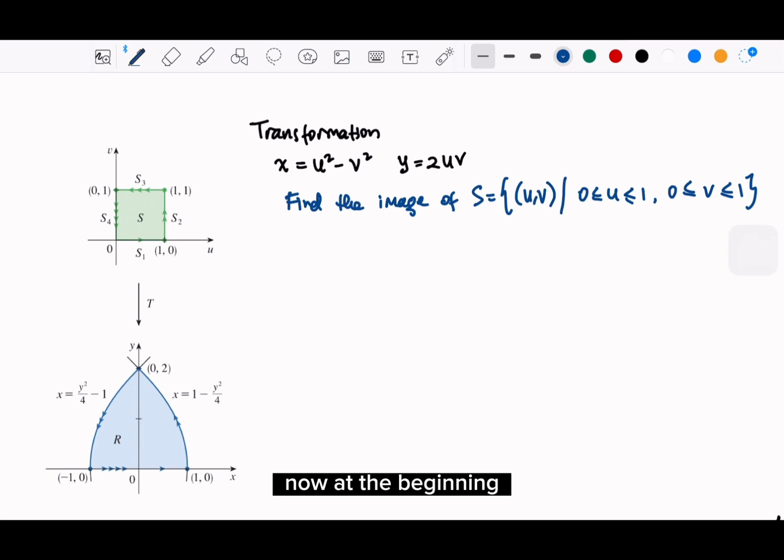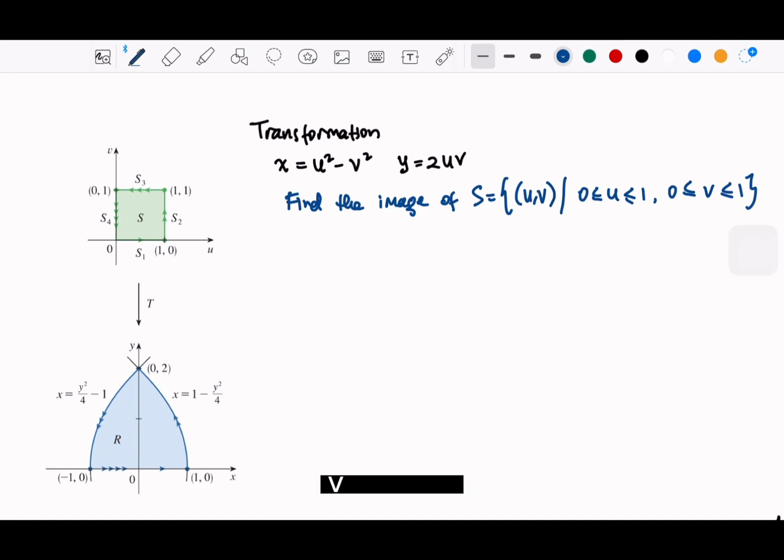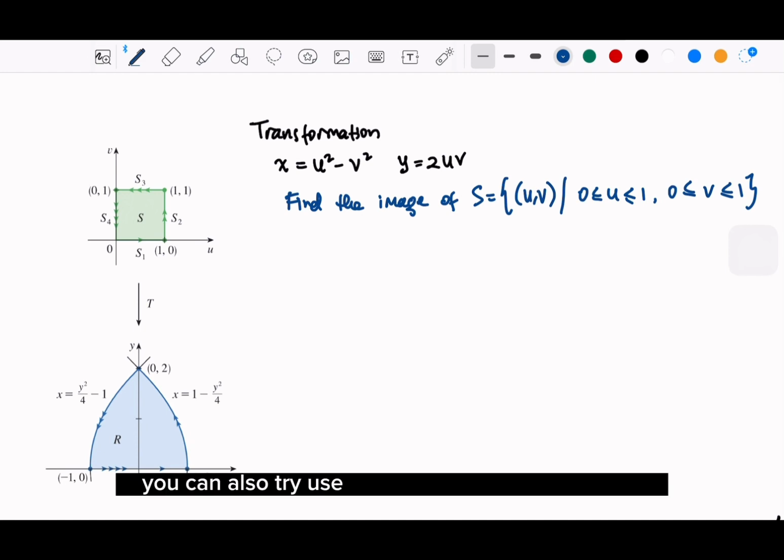Now at the beginning, we could process U 0 to 1 and V 0 to 1 as this path. Okay? We start from S1, which means that we start from U, we move 1 point, V is still 0. You could also try maybe using half here, half, and 1.